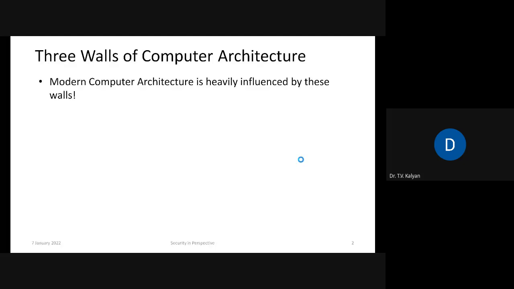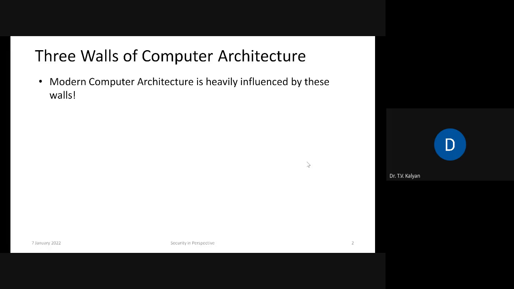I'm going to share my screen again. Do let me know if you're able to see it. Okay, can everyone see my screen? Yes, it is visible. Yes, sir. Yeah, thank you, thank you.